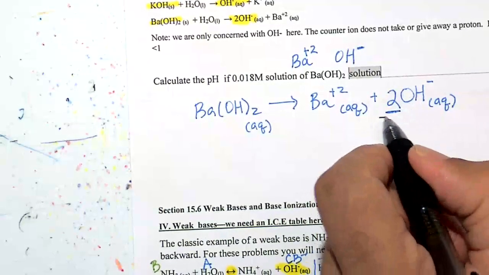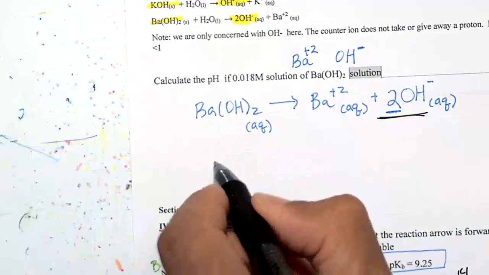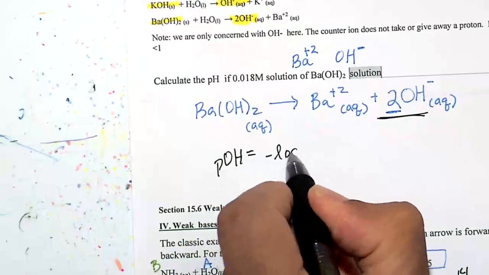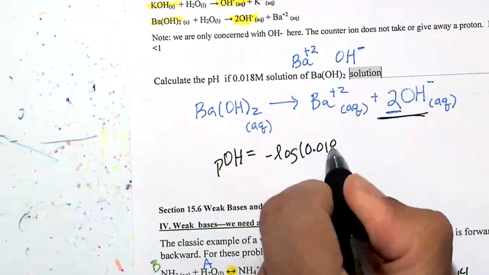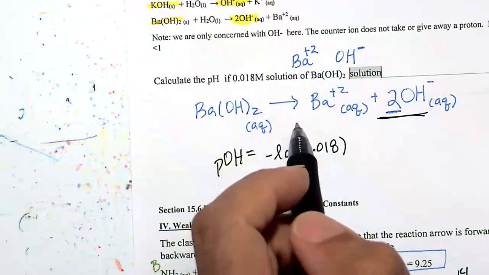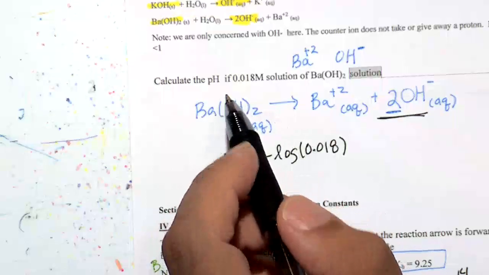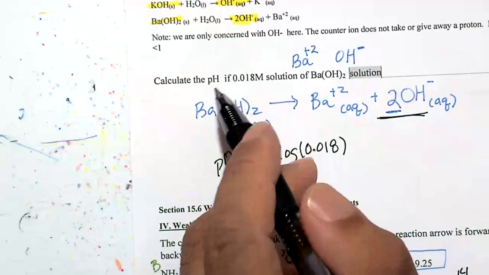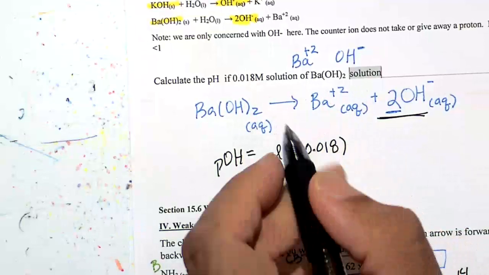What will we calculate? It's a strong base, Susanna, so you can plug it straight in. Just like the strong acid, we plug into pH, the strong base we plug into pOH.